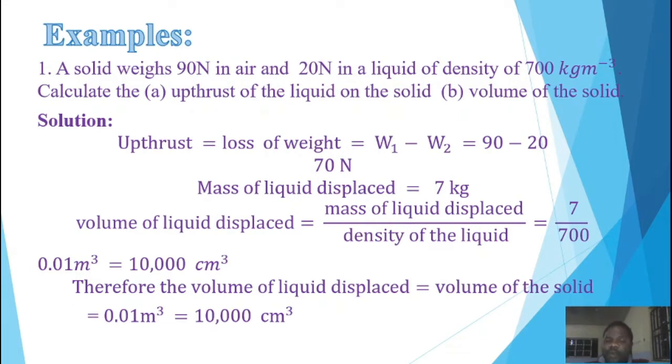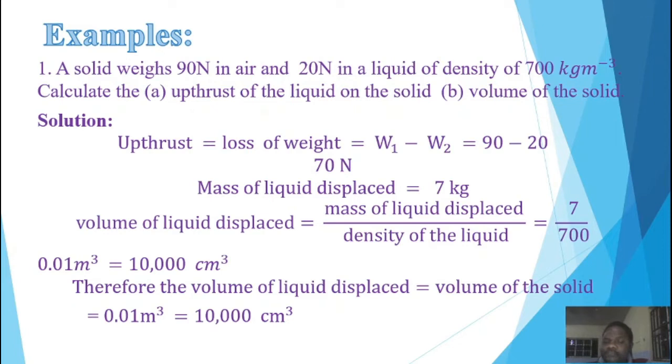Now, since the loss in weight is 70 Newton, that loss in weight is equal to the weight of the liquid displaced according to the Archimedes principle. It says the upthrust is equal to the weight of liquid displaced. So here the weight of liquid displaced is 70 Newton.